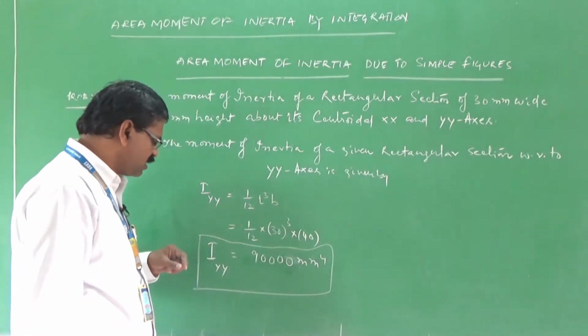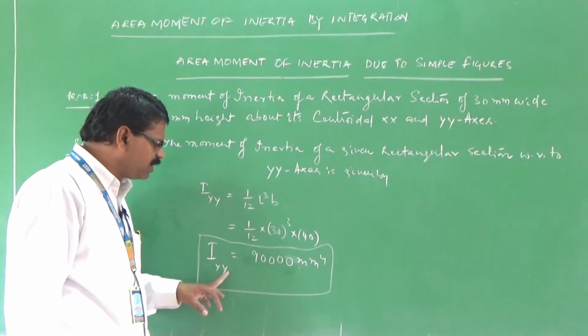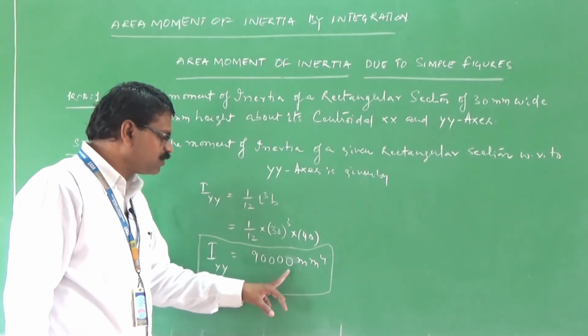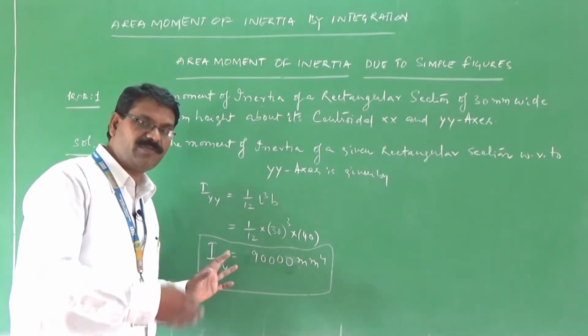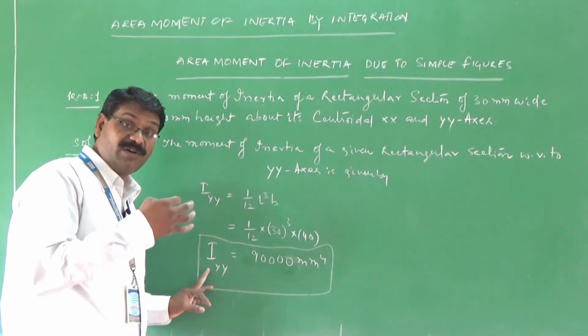After simplifying this, we will get Iy is equal to 9 followed by 4 zeros, mm to the power of 4. So we got huge values for the area moment of inertia.